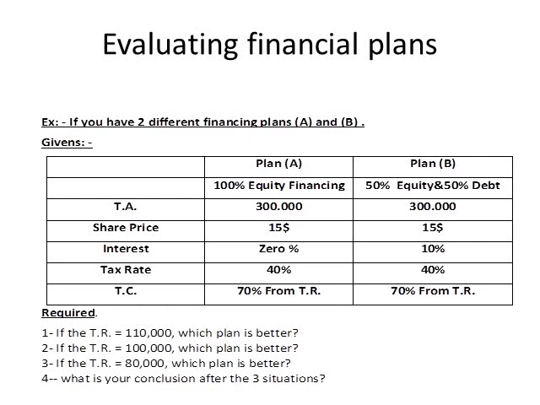Which means we are going to determine which plan is better in three different situations, if the total revenue is 110, 100, and 80. In order to decide which plan is better, you have to follow certain steps.